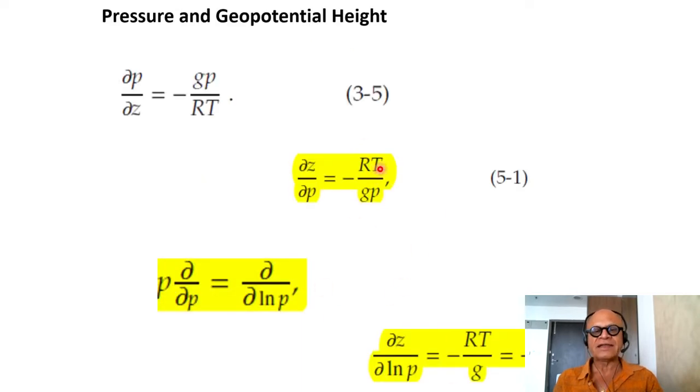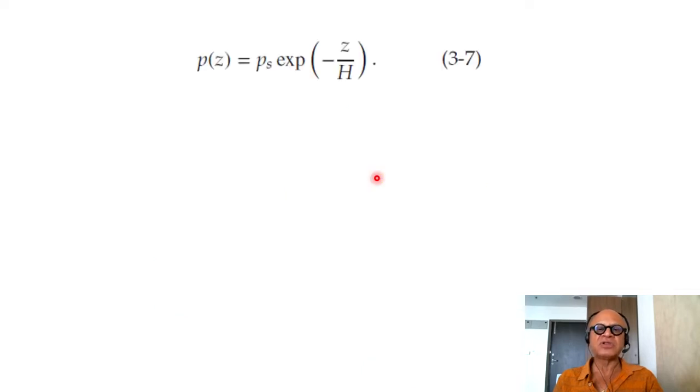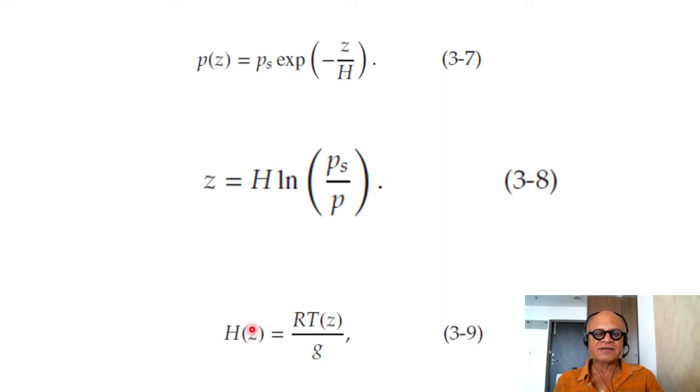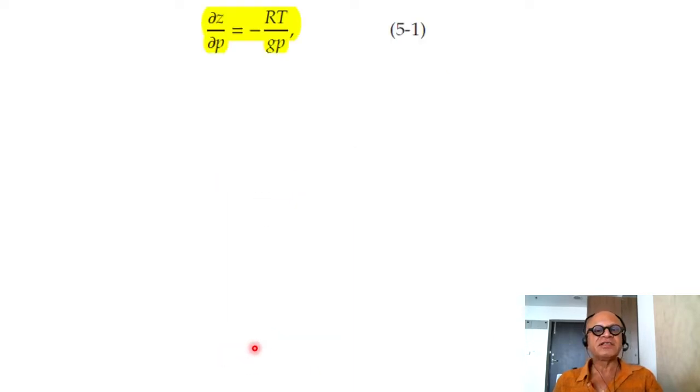We didn't let T vary with z, but in general temperature is of course a very strong function of height, so you can assume that the scale height is a function of height z as well, that is RT(z) over g. But in general you can take an appropriately chosen average temperature, and that will show you that this H and this H are almost the same, but let's not digress in that direction.